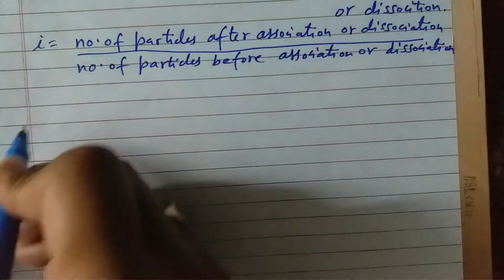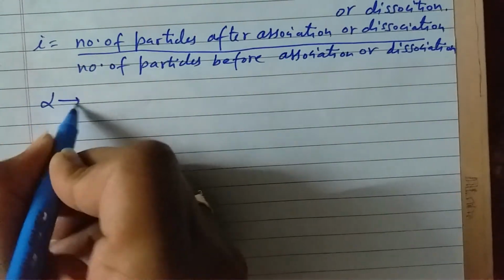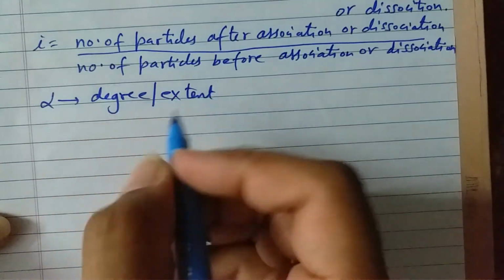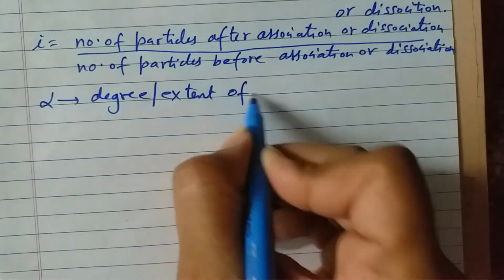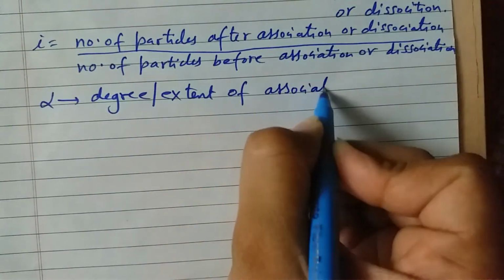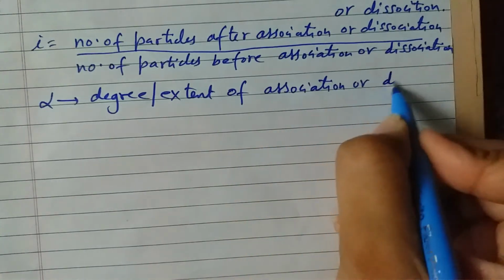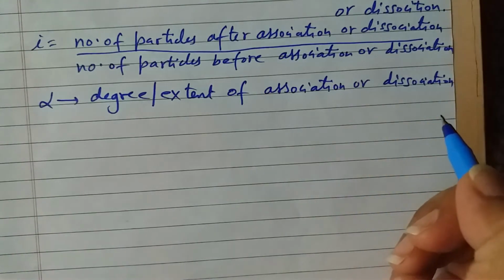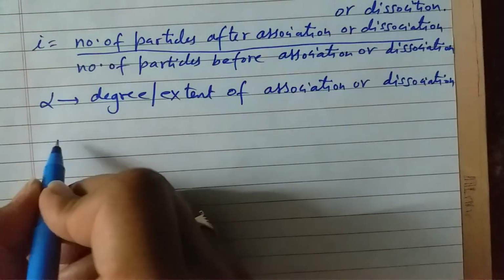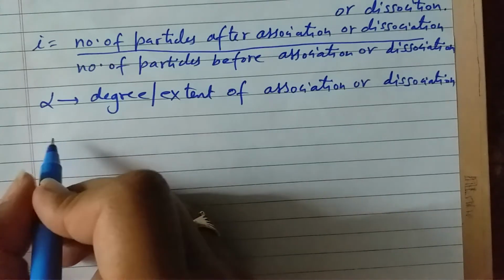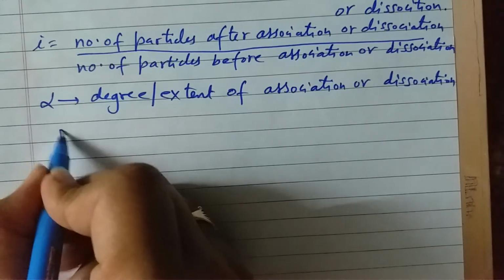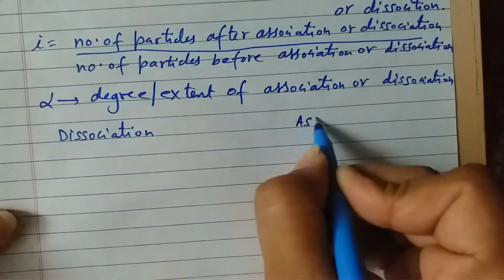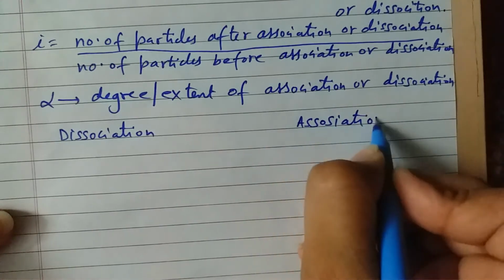Now further, let's say alpha represents the degree or the extent of association or dissociation. Alpha is the degree of association or dissociation. Then it is related to the Van 't Hoff factor. How? We'll just discuss here. Let's take dissociation on the left side and association on the right hand side.